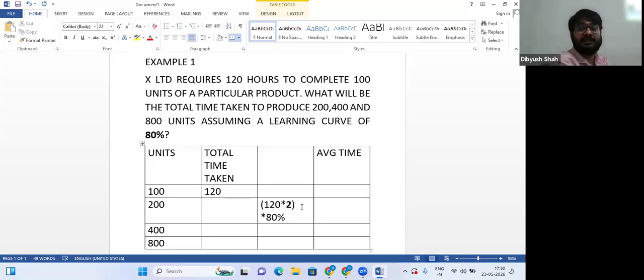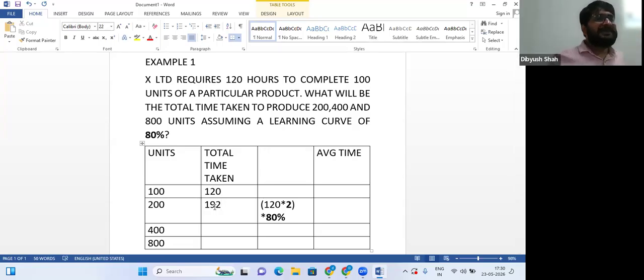But because there is learning curve of 80%, it will only take 80% of 120 into 2. That is 240 into 80%. That is 192.